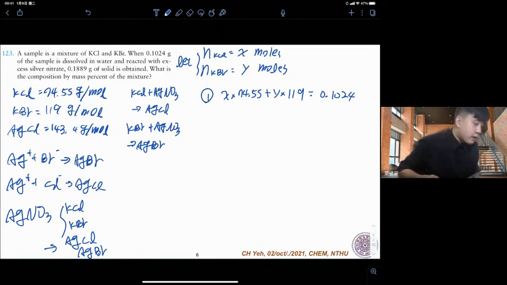Okay, secondly, 0.1889 gram of solid is obtained.